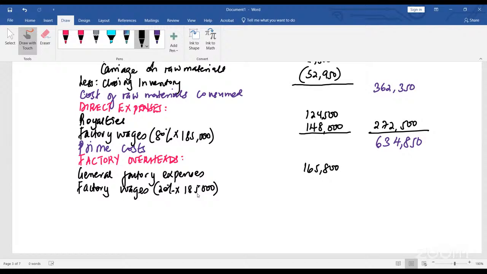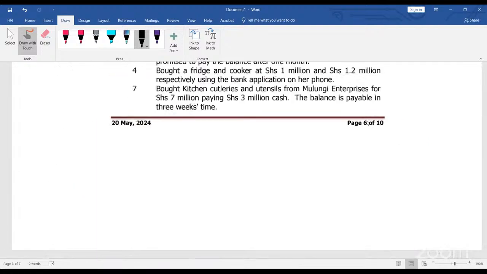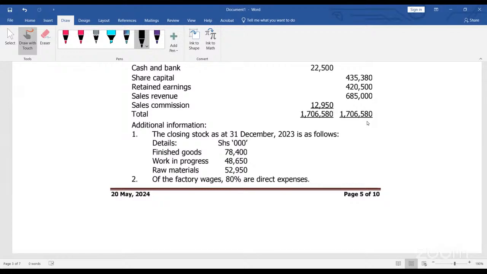That is how much? 20% of 180 is 36,000. Is it 36? 37. You see, 20% times 185 is 37. Okay, this is 37. Thank you. Okay, what else do we have under the factory overheads?